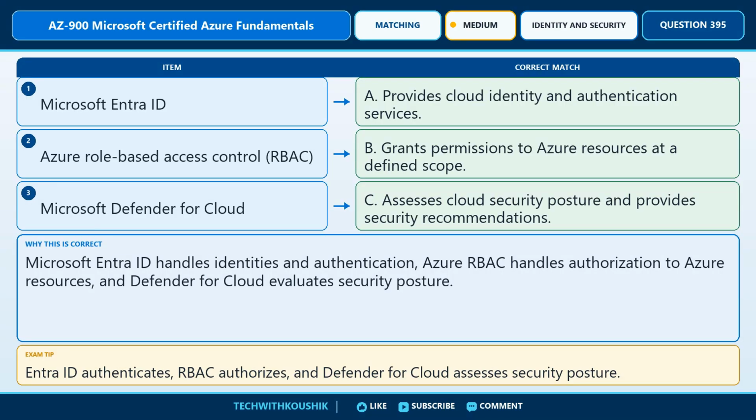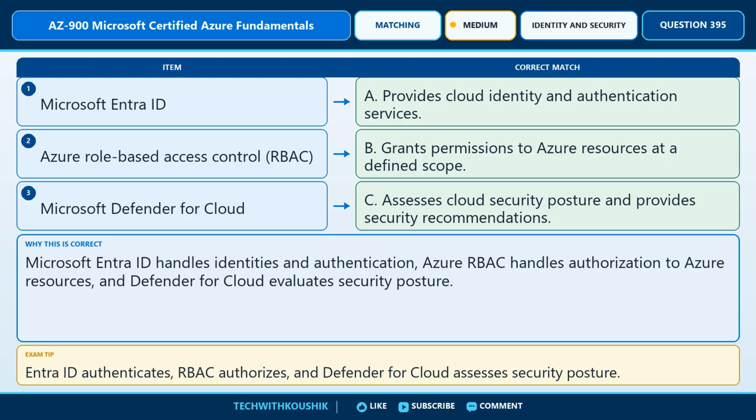The matches work out like this. Pair Microsoft Entra ID and A, provides cloud identity and authentication services. Pair Azure Role-Based Access Control, RBAC, and B, grants permissions to Azure resources at a defined scope. Pair Microsoft Defender for Cloud and C, assesses cloud security posture and provides security recommendations.